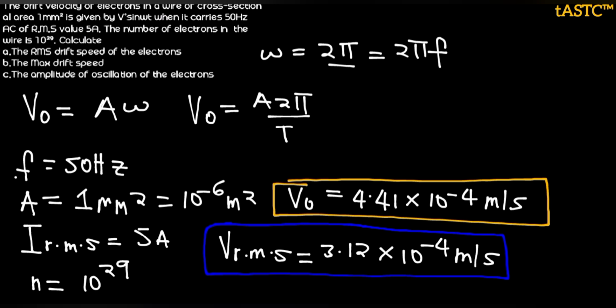Now, in this case, we do not really have the period, but we do have the frequency. So I'm just going to change this. We know that A was multiplied by angular velocity, which is the same thing as 2 pi f. So I'm just going to have that multiplied with it.